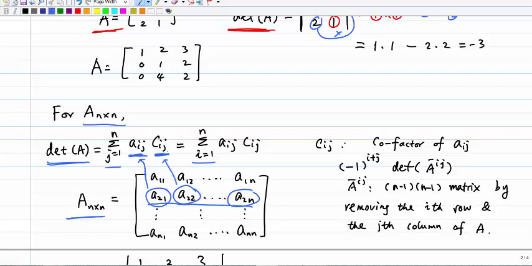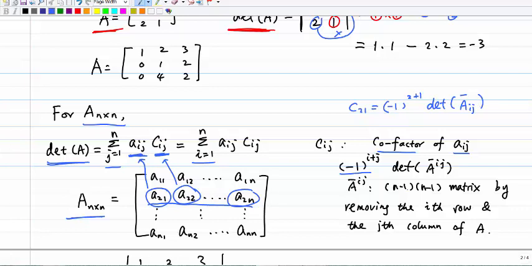Then C_ij is the cofactor of a_ij, which is -1 to the power of i plus j, times the determinant of A bar ij. For example, C21 is -1 to the power of 2 plus 1.